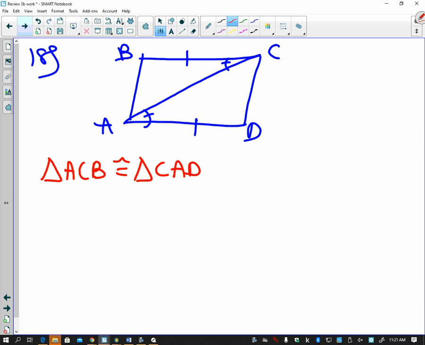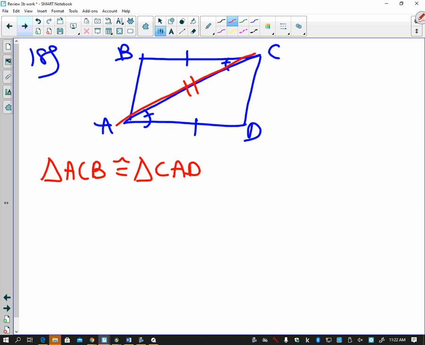You said AD. Well, we already know that though. I'm talking about something that isn't already listed with tick marks. Can we prove that angle ACD is congruent to angle CBA at this point? There's something that's really obvious. AC and AC. Right? This line is congruent to this line and it's shared by both triangles.